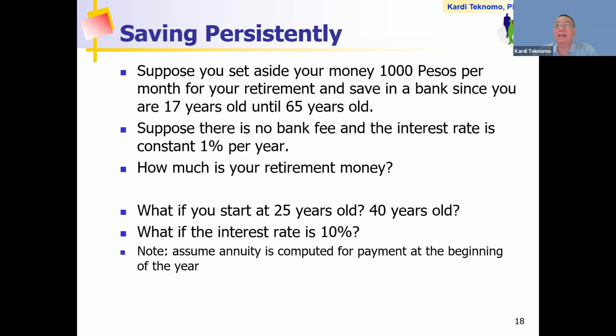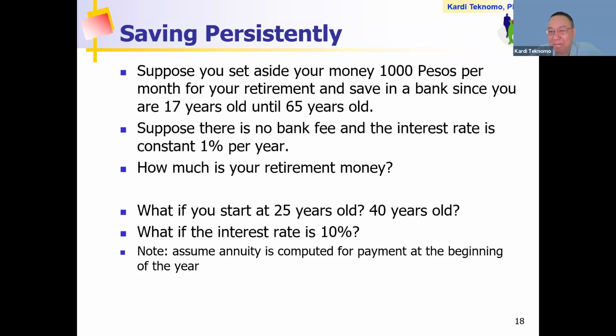You put your money in the bank since 17 years old until you retire at 65. Let's simulate this. Assume there is no bank fee and no tax, and the interest rate is also constant, say 1% per year. The question is, how much is your retirement money?